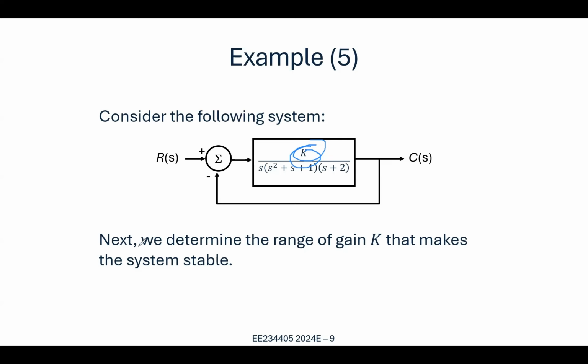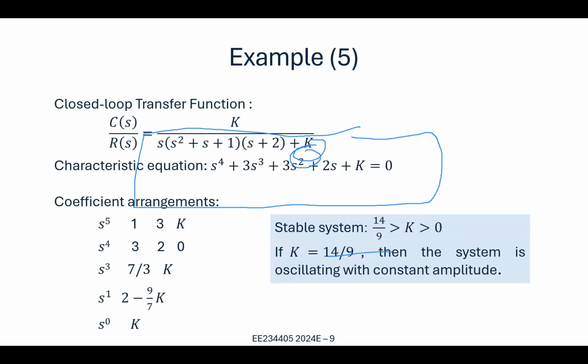So now we determine the range of gain k that makes the system stable, which means that we first have to obtain the closed loop transfer function of the system. We now have this closed loop transfer function.